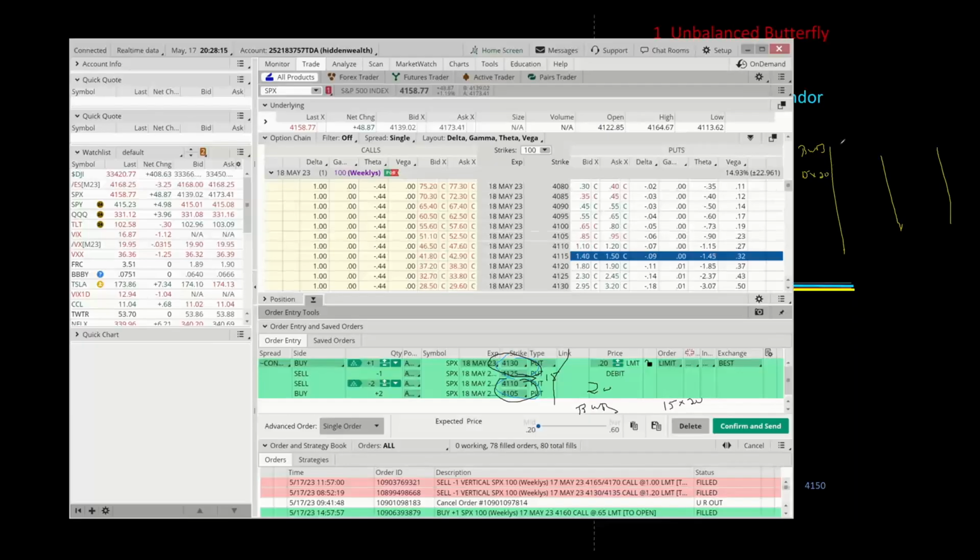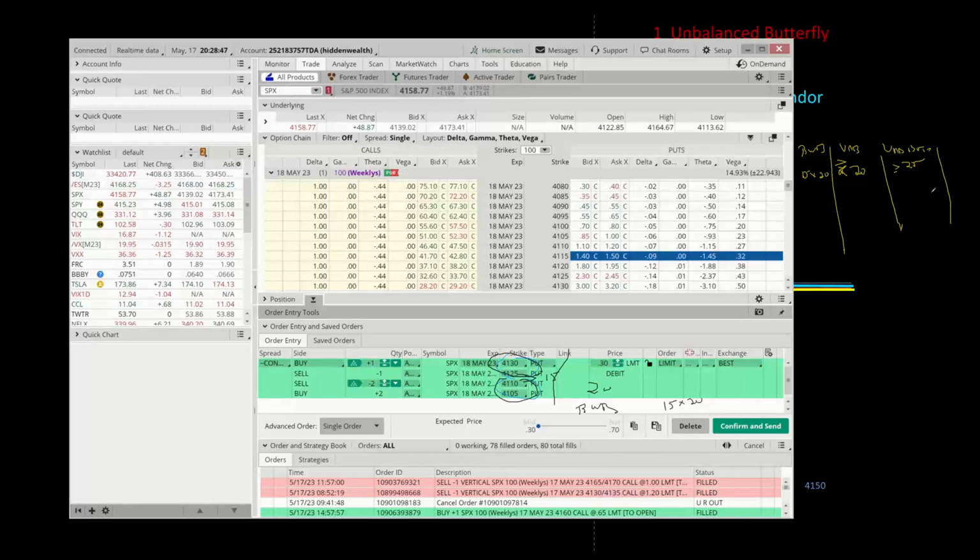Then you're going to see the unbalanced condor, no less than 20. So I'm going to want separation equal to or greater than 20. Unbalanced butterfly, equal to or greater than $25 separation.